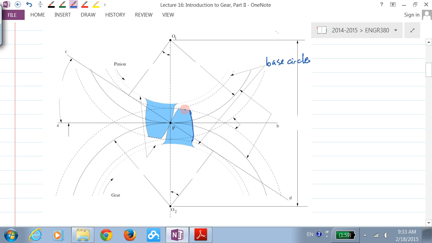And the top circle, which is this circle here. Remember what this circle is? This is called the addendum circle.